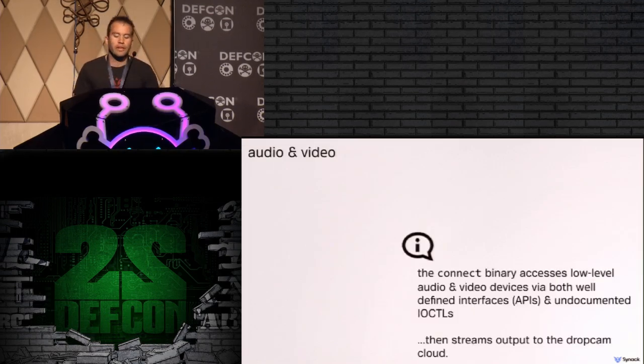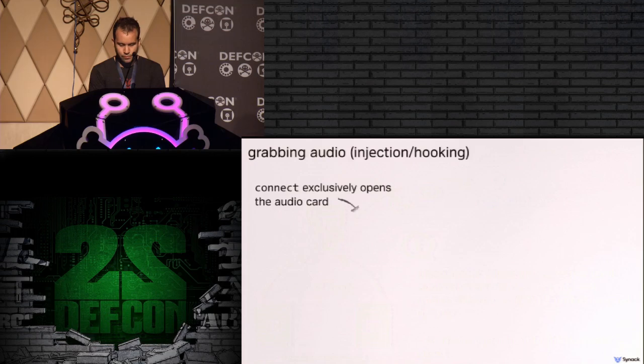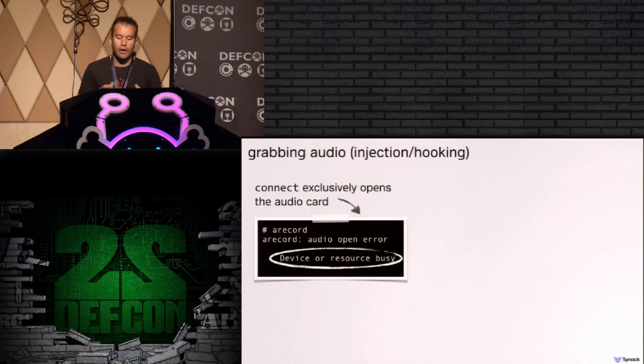Now, a major component of our implant is the ability to grab and manipulate audio and video. I mentioned the Connect binary talks to both the audio and video cards that reside in kernel mode. Data is read from these devices and then is streamed to the DropCam's cloud servers where it is consumed by the user. So first I'm going to talk about how our implant is able to hot mic the camera in order to listen in on everything.